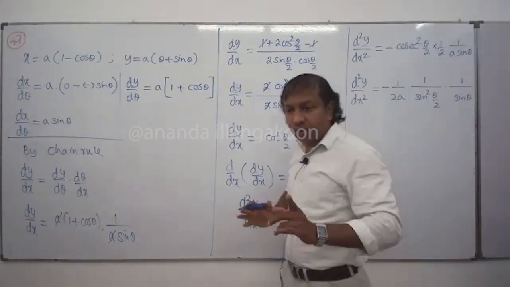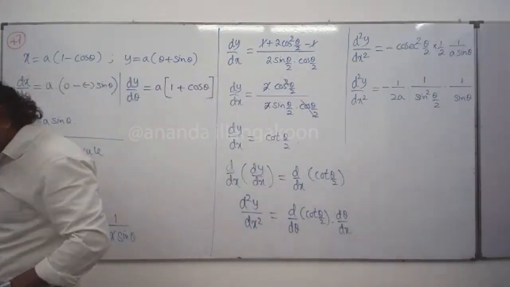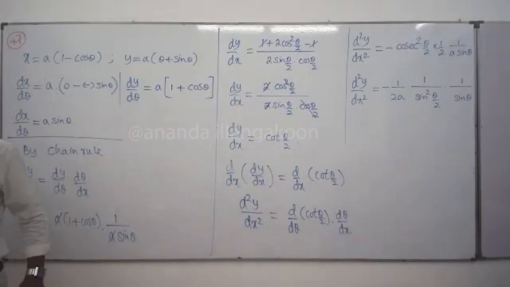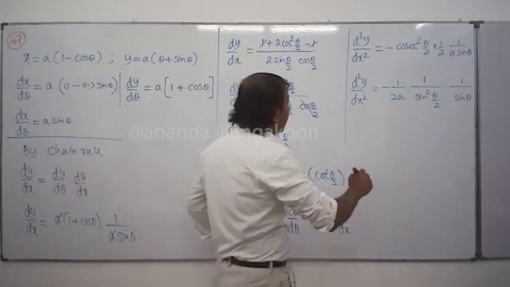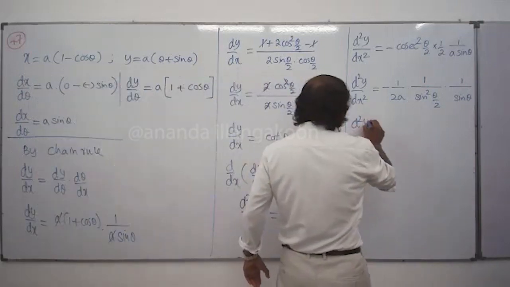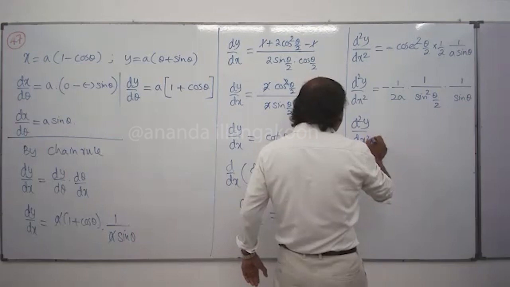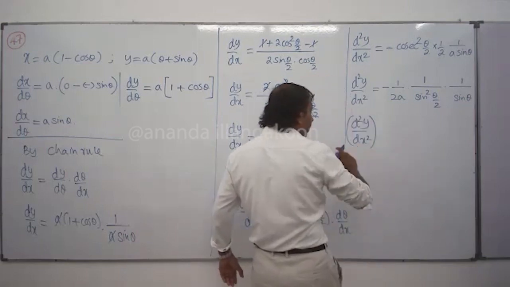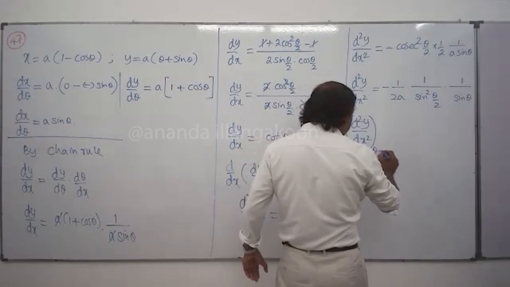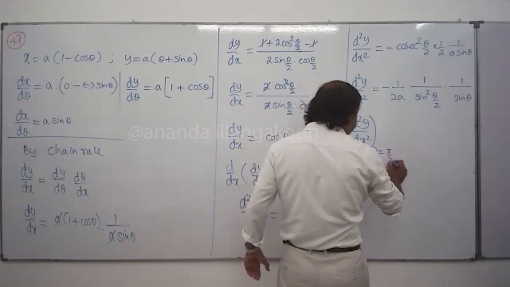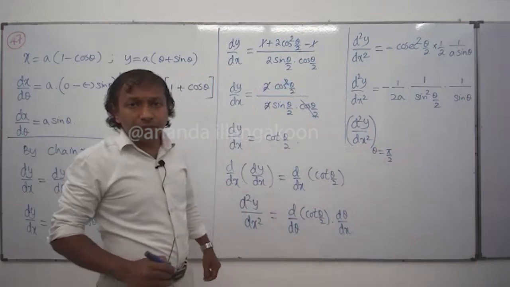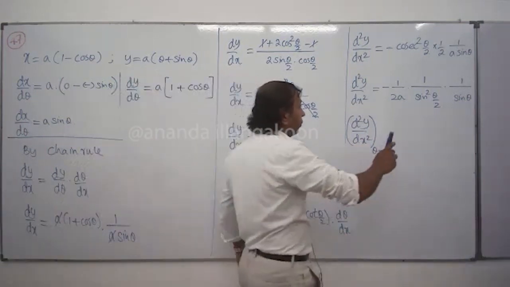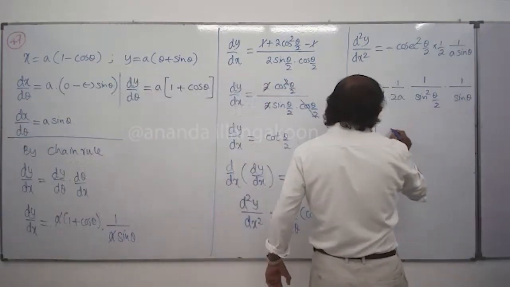Now we are asked to find what, people? The second derivative value at theta pi by 2. Now what we do? The second derivative value at theta pi by 2 that we express as a symbol notation, people. We write the second derivative, we close that by a bracket, and here we write theta pi by 2. Put that theta pi by 2 here and here. Then what do we get?